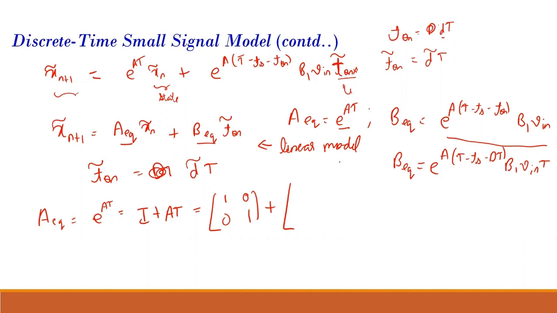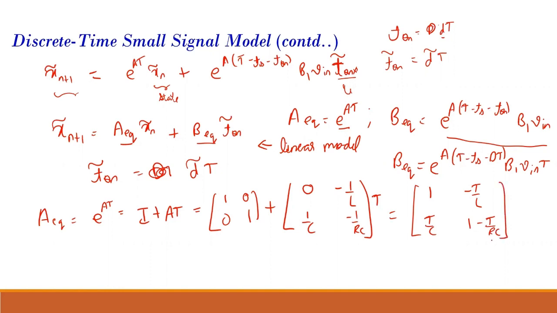Okay, it's not A. The A is 0, 1 by C, minus 1 by L and minus 1 by RC, into T. So T gets multiplied by each and every term in the matrix. When I add it, it will become 1, minus T by L, T by C, and 1 minus T upon RC. All right, this is my A equivalent.